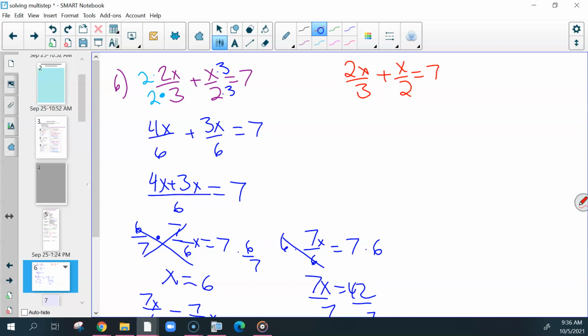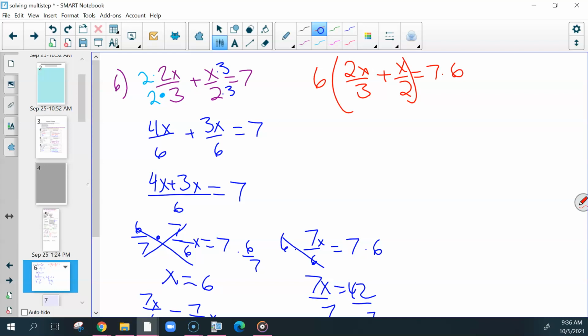Okay, so for this one, because we're going to get rid of the fractions, we're going to multiply the entire side by something that would be a multiple of these two. So we're going to use 6 again. But because we're multiplying the entire side by 6, we also have to multiply the other side by 6. So here is where our multiplication property of equality comes into play.